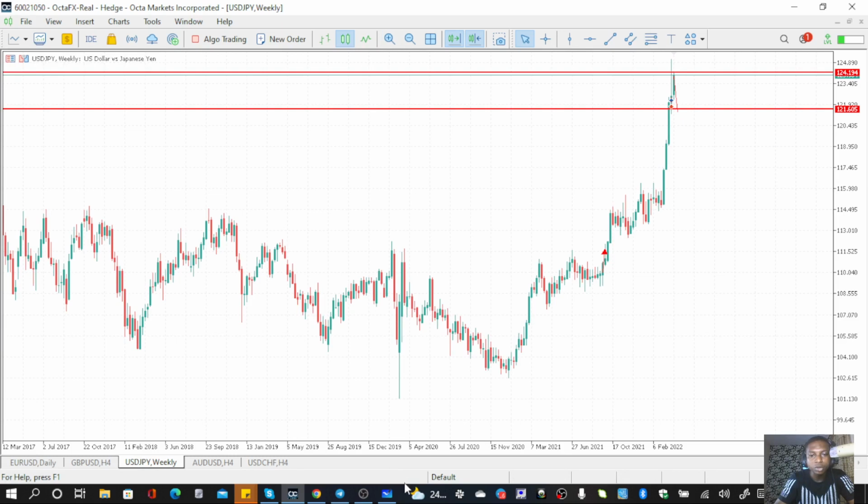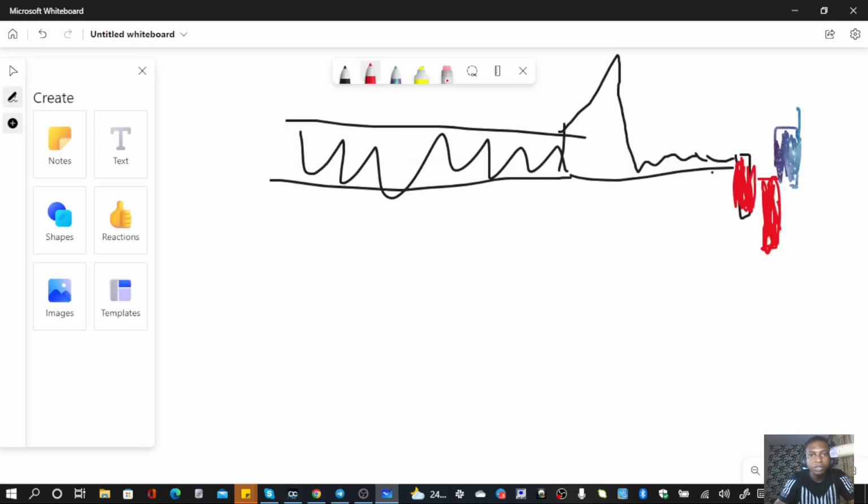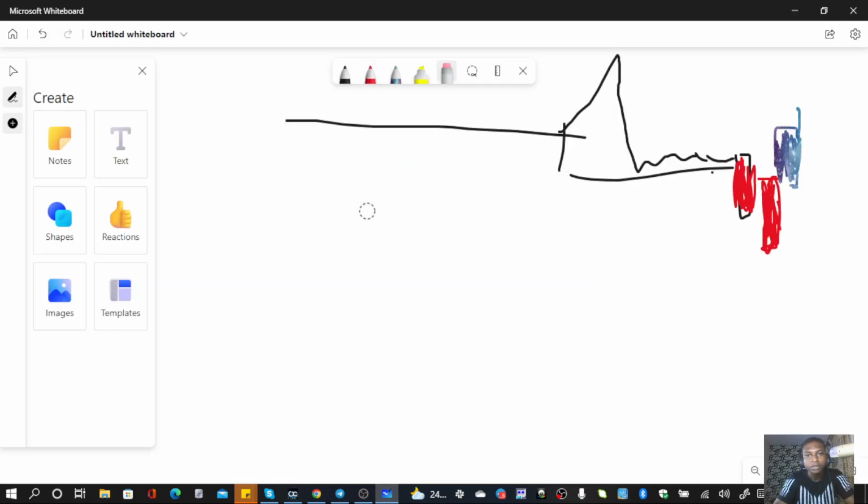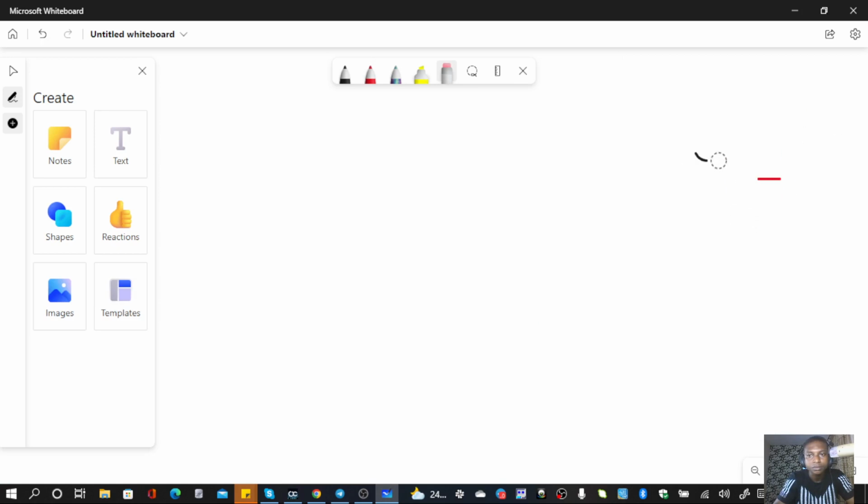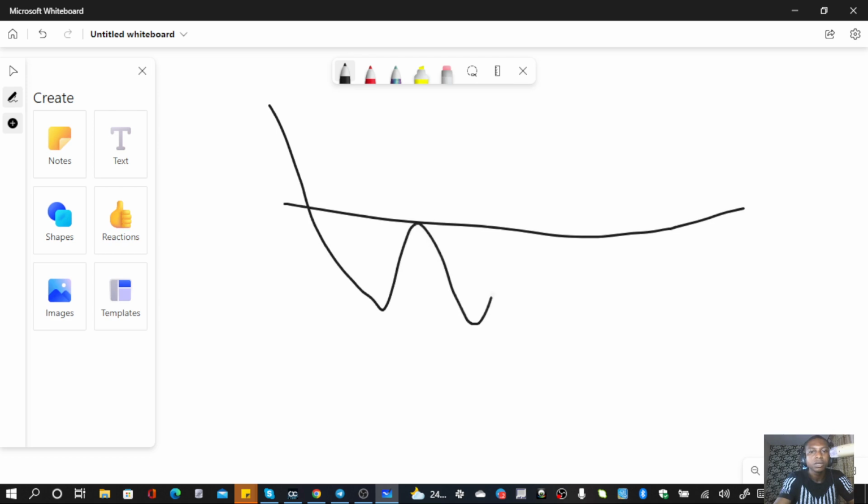So let me use the board to explain what that means. Currently this is the chart and price came down, trying to break out of this level. A sustained breakout is when there is a breakout candle and another candle closes above it.